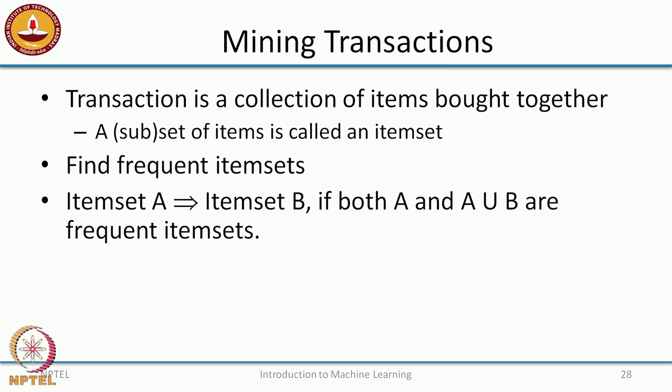So, the most popular application here is mining transactions, and as I mentioned earlier, a transaction is a collection of items that are bought together, right. And so, here is a little bit of terminology, and a set or a subset of items is often called an item set in the association rule mining community.